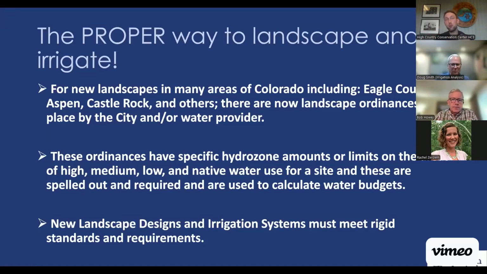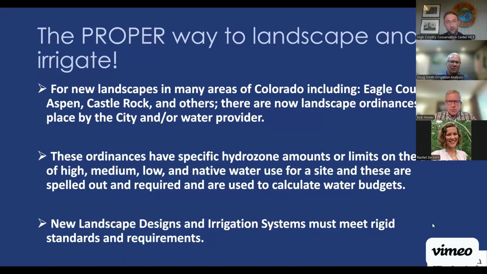The ordinances have specific hydrozone amounts or limits, meaning that you may have a cap on how much high water use plant material you can use based on the site, or how much native grass you need to install and so forth. And then with the square footage of all those, you can determine what your water budgets are and how much water that landscape should use.